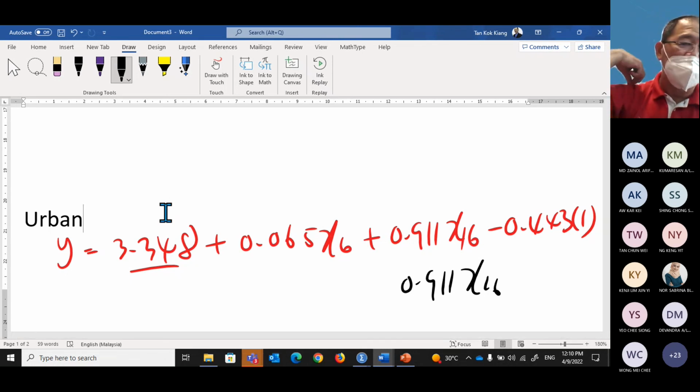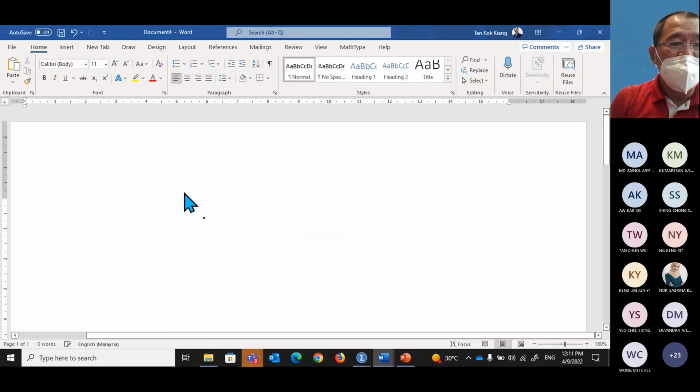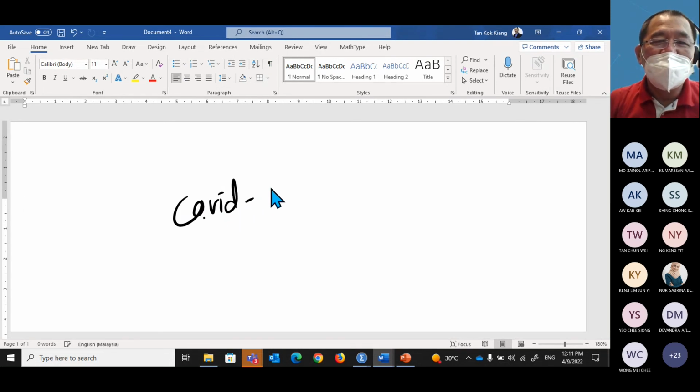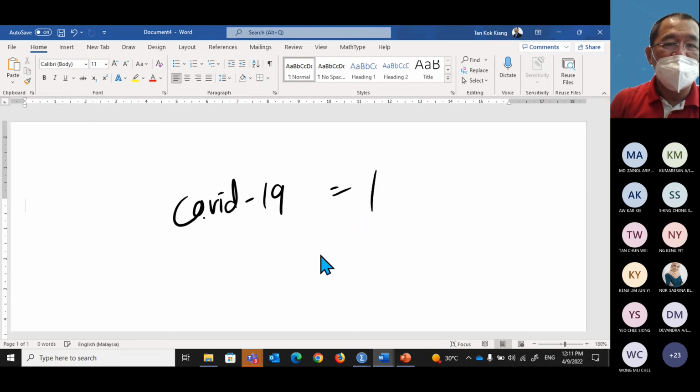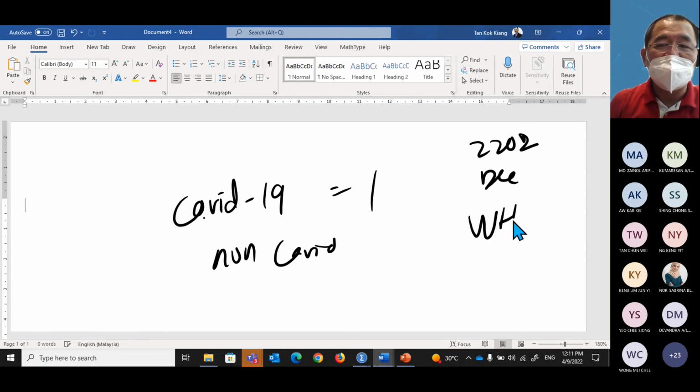So another case you can also handle, a more recent and practical case: COVID. You may put the pandemic period as one. Let's say non-COVID. For example, let's say COVID ended at this point, December 2022, when the WHO announced the end of the pandemic.